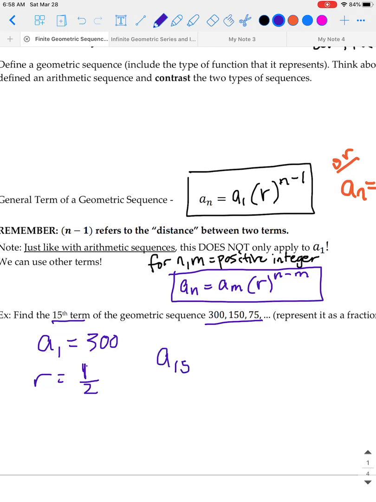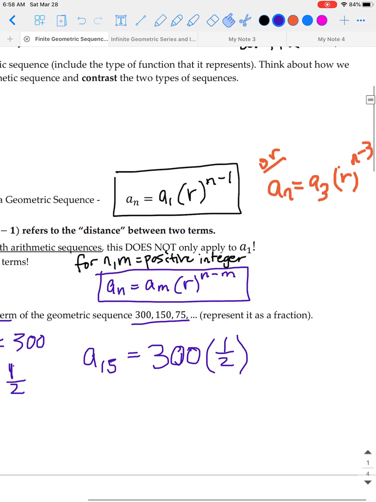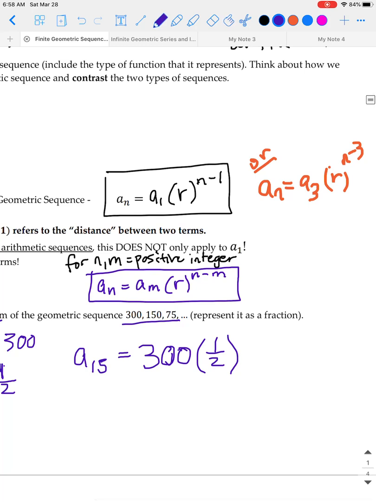And so a sub 15 is going to equal 300 times 1/2 to the 15 minus 1 power.